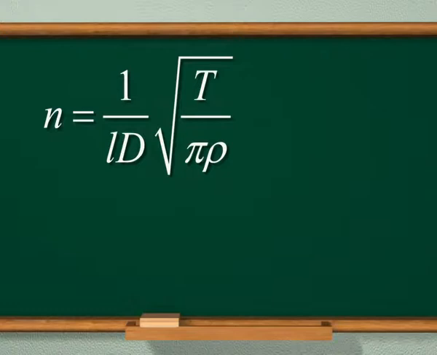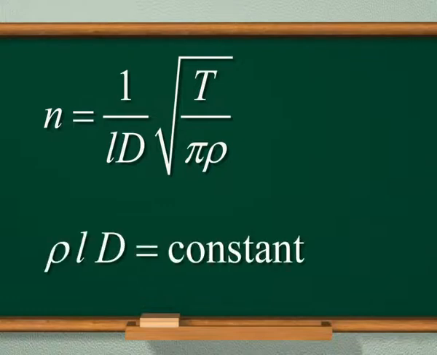Now, obviously, for a string of a given material, rho is fixed, stretched under the same load T and vibrating in resonance with a tuning fork of given frequency n. We can write L into D is equal to a constant. I hope that the theory is clear to you all.